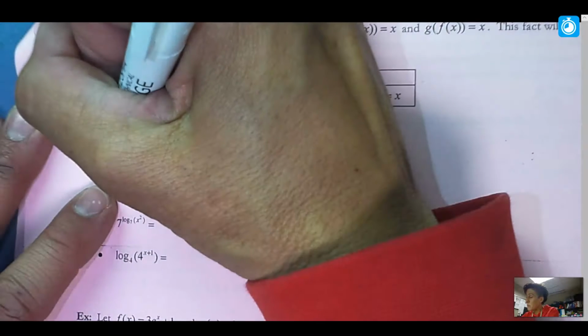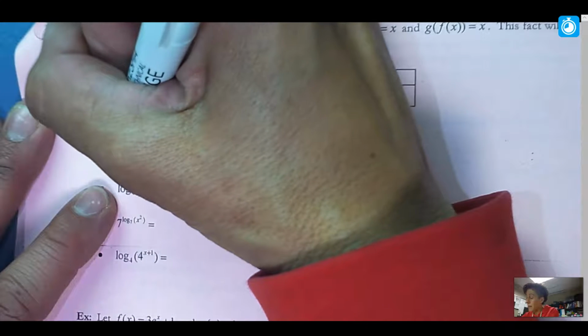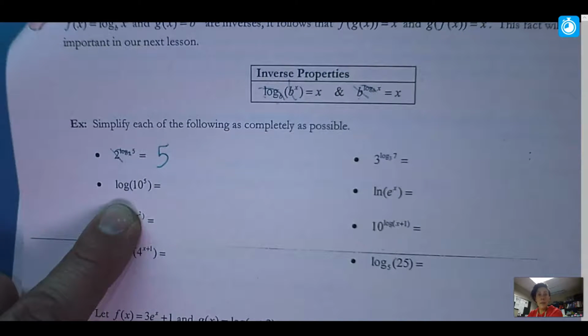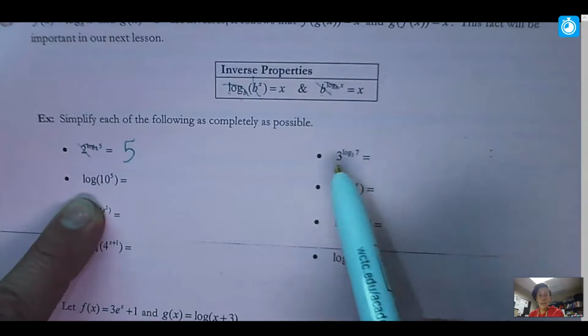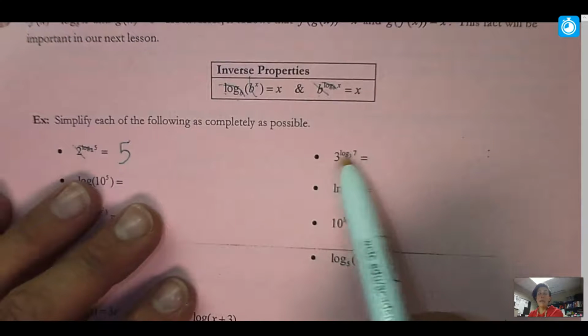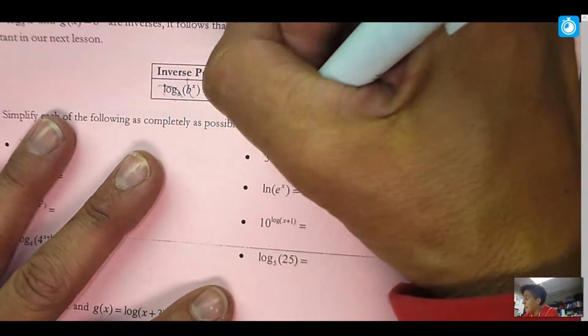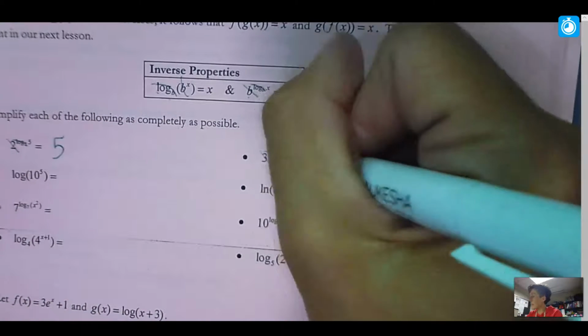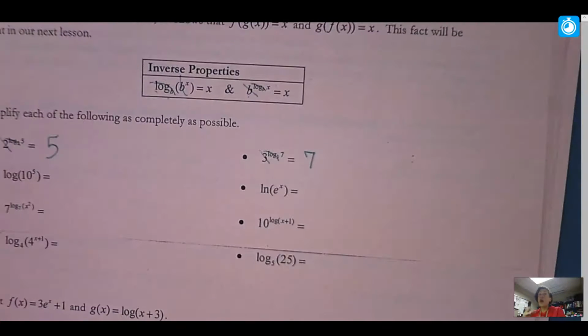But the base of the exponent is 2 and the base of the log is 2, so they cancel each other out, and what you're left with is what you get. Here, this one is another exponent problem. This is the exponent, and the exponent happens to be a log. But the base of the exponent and the base of the log are the same, so they cancel each other out, and whatever's left is what I get. And you're always left with something.